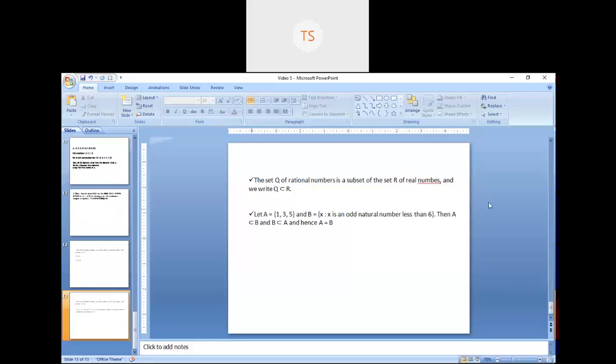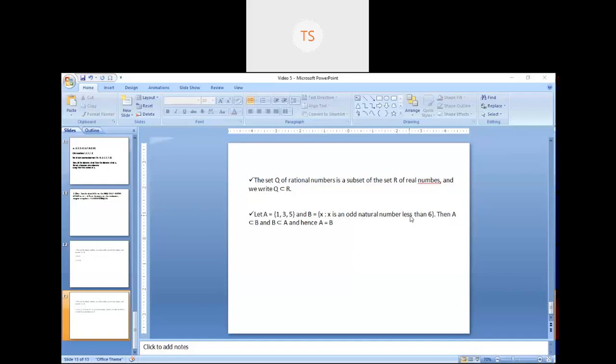And there is one more point. Let capital A equal 1, 3, 5 and capital B equal x, such that x is an odd natural number less than 6.